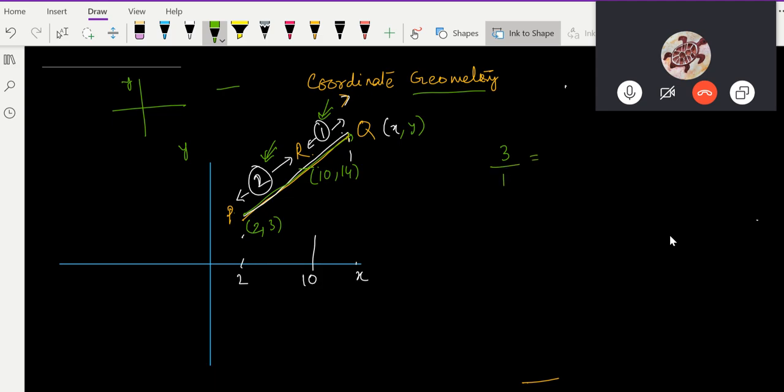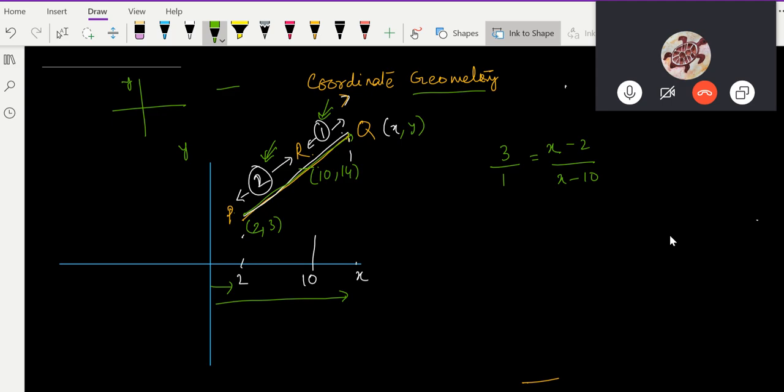Equal to, let me do it for x first. So in case of x, I will take the entire thing, which is x, minus the smallest value, 2.